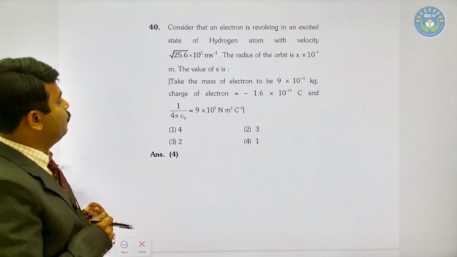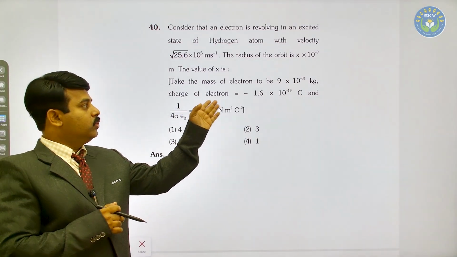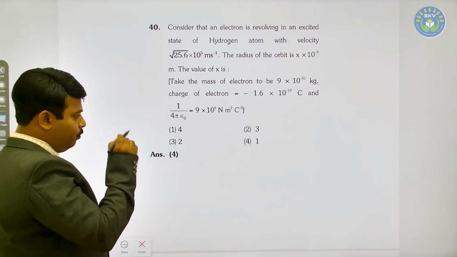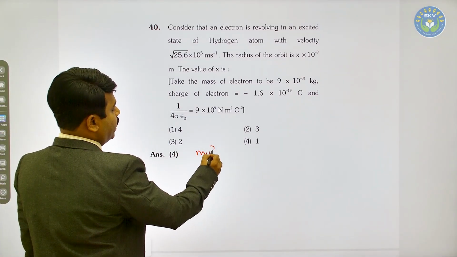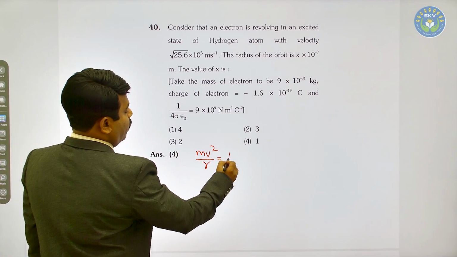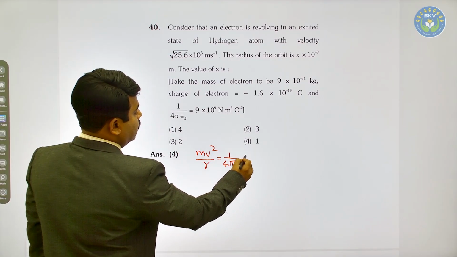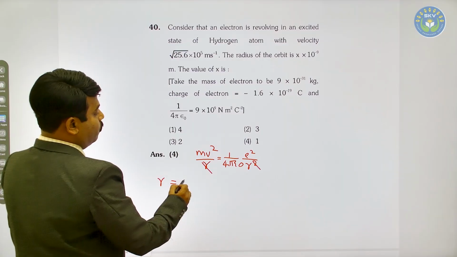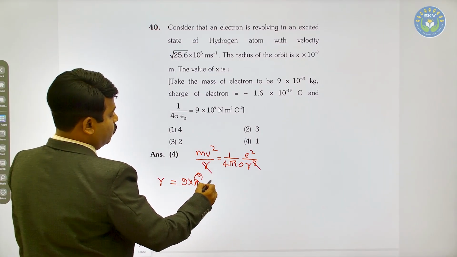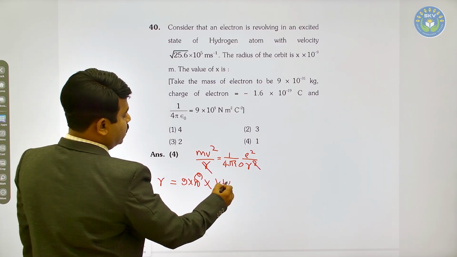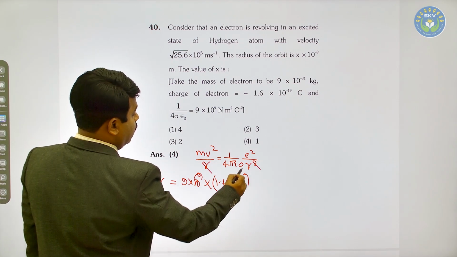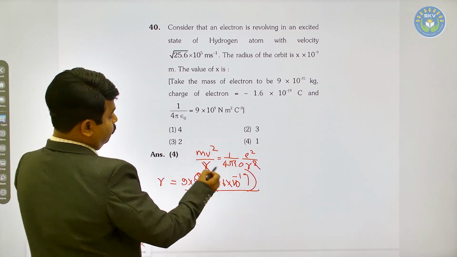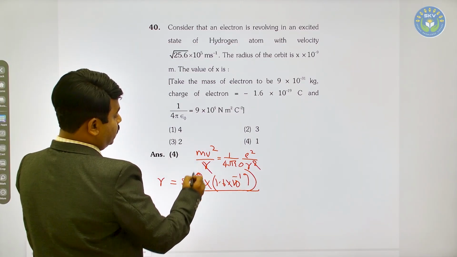The value of x is asked, with 1 by 4 pi epsilon 0, electron charge and electron mass given. In the hydrogen atom, how do we find the radius? mv squared by r is equal to 1 by 4 pi epsilon 0 e squared by r squared. Then the radius you can find with 1 by 4 pi epsilon 0 value 9 into 10 raised to 9, e squared with e value 1.6 into 10 raised to minus 19, divided by m, right? What is m?